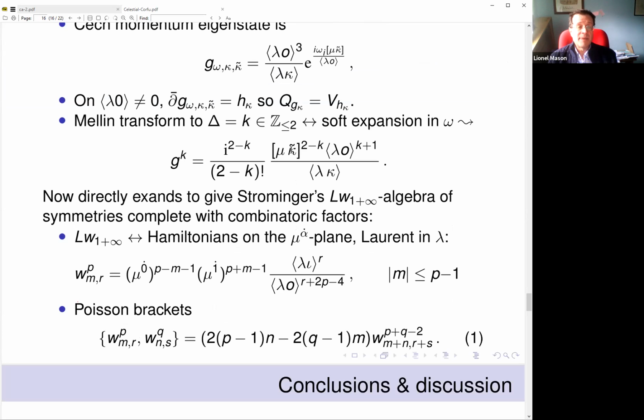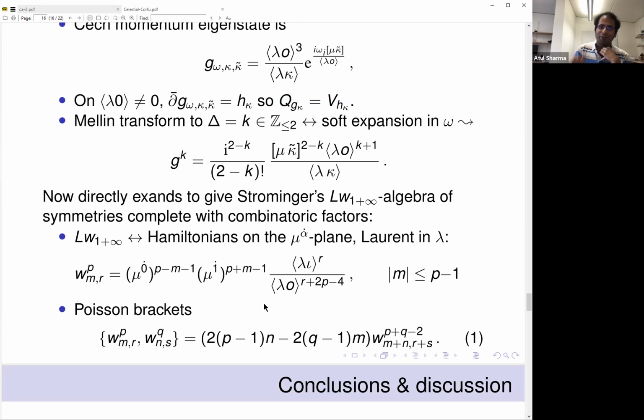Yeah, so it's expanding out in this kappa tilde that gives lots of nice combinatorial factors that line up with your combinatorial factors to express the G in terms of the W's.